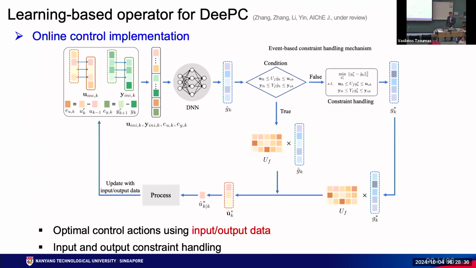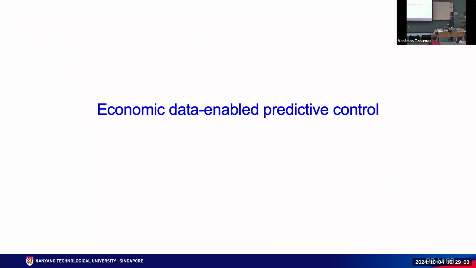It's still not explainable, but we are able to train a neural network to output a vector for DPC without solving any online optimization, using only 500 to 1,000 samples, which means that lab experiments or experiments on a pilot scale plant have been made possible if we choose to embrace this type of solution. And we have also extended this for economic model predictive control.